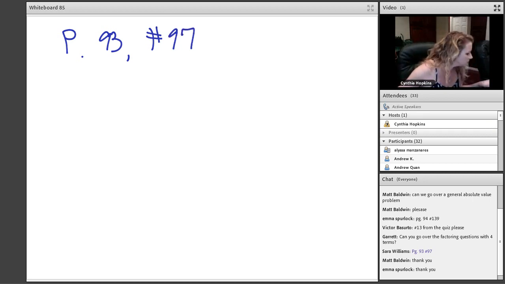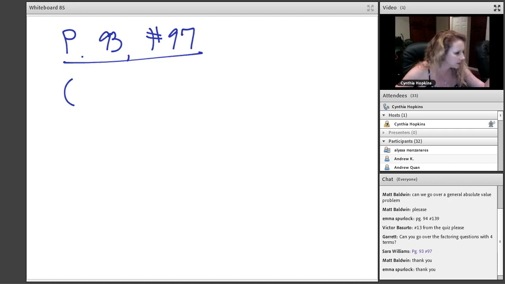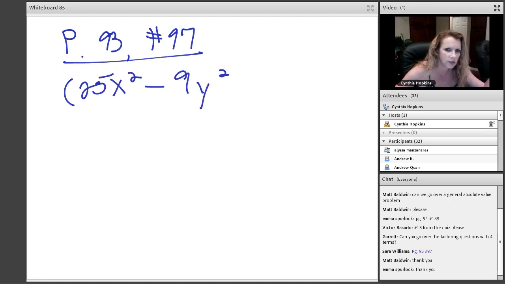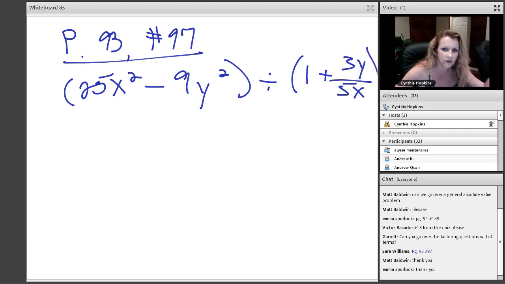All right, here's the original problem. It says 25x squared minus 9y squared divided by, and then we have 2 terms, 1 plus 3y over 5x.